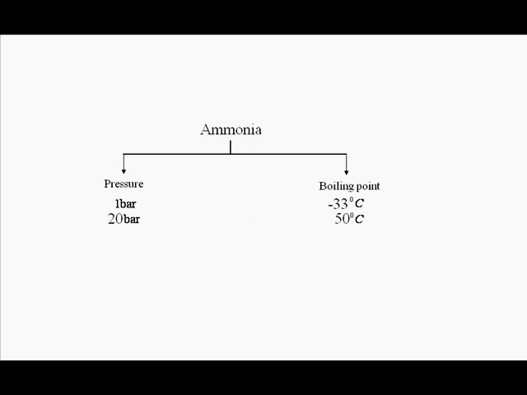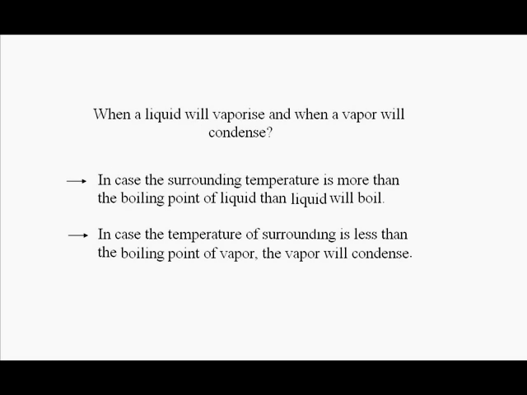But in case over the same ammonia the pressure applied is 20 bar, then its boiling point becomes 50 degree centigrade. Thus we can see that ammonia is also behaving like water, means as we increase the pressure, the boiling point is also increasing. In case the pressure applied over ammonia is increased from 1 bar to 20 bar, then its boiling point changes from minus 33 degree centigrade to 50 degree centigrade.